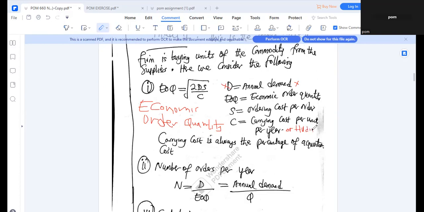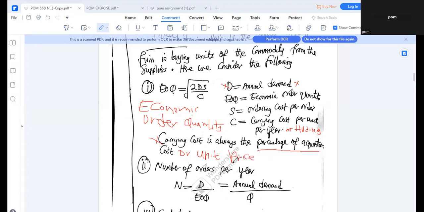Now, carrying cost is always a percentage of acquisition cost or unit price. So acquisition cost is also called unit price.